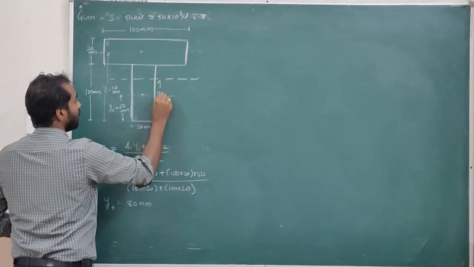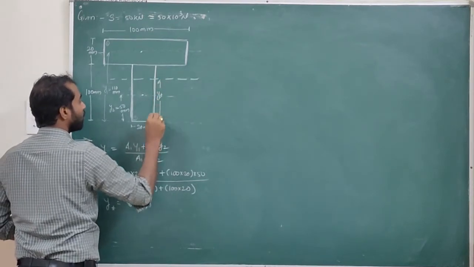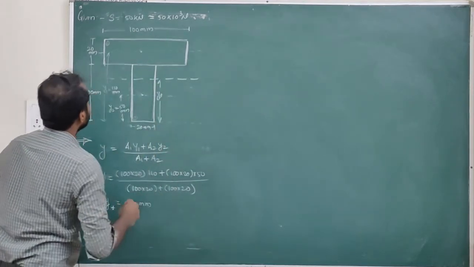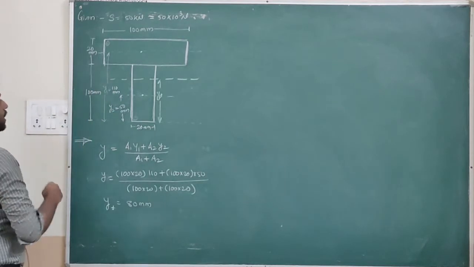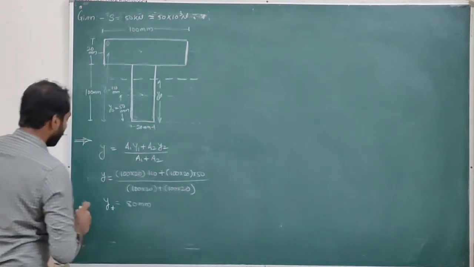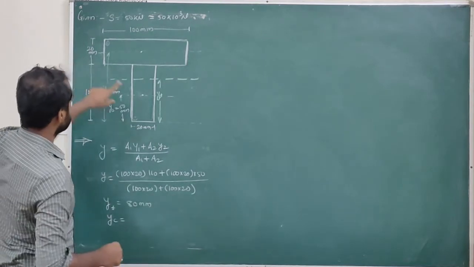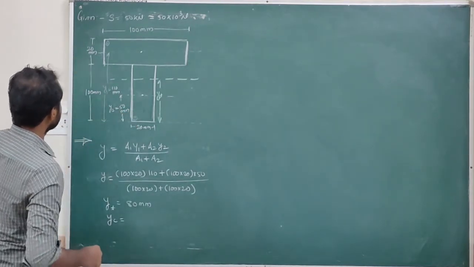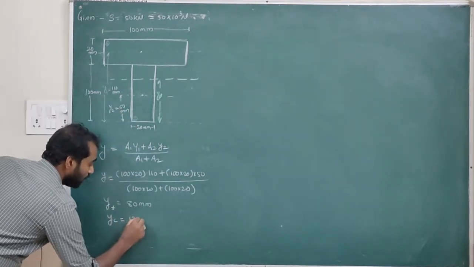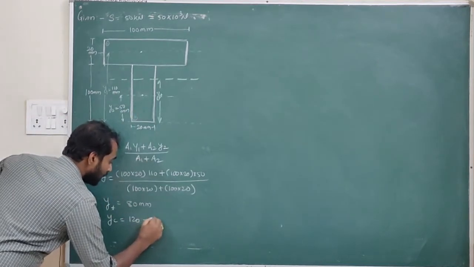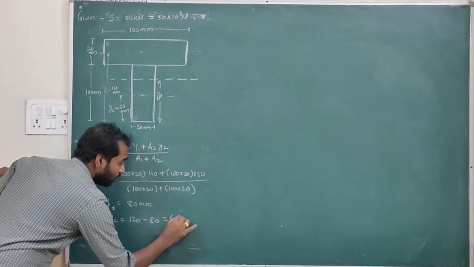This will be yt, at a distance of 80 mm from reference, or from the bottom, and the remaining, that is yc, will be this complete distance minus yt, so 100 plus 20, 120 minus yt, that is 80, so it is 40 mm.